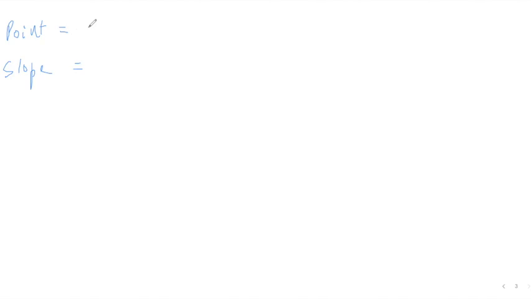Let's say the point was (3, 4) and the slope was 2. How would you find the equation of the line? There's another way of writing the equation of a line, called point-slope form.